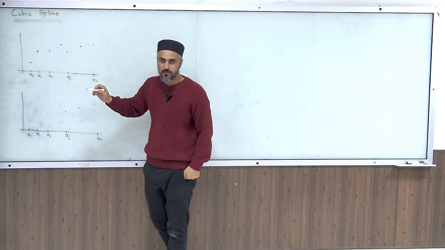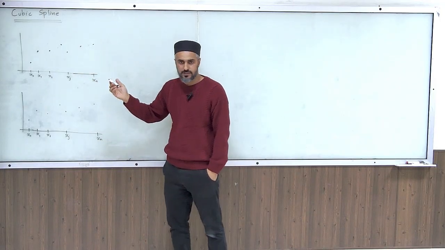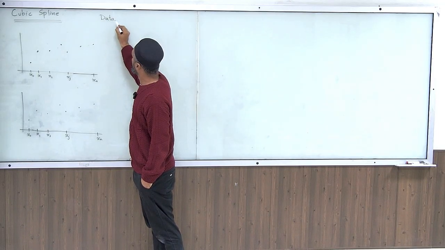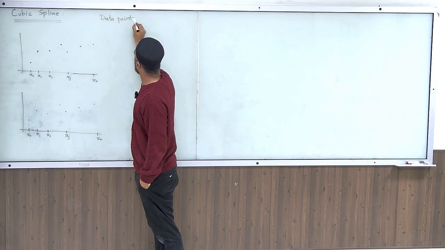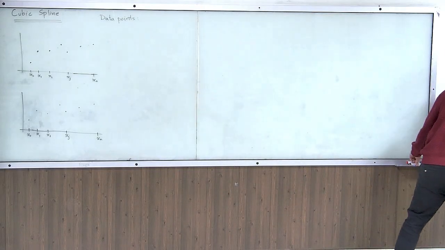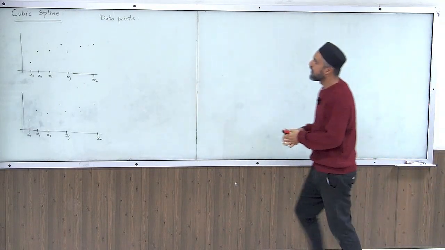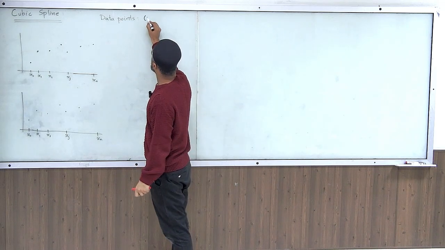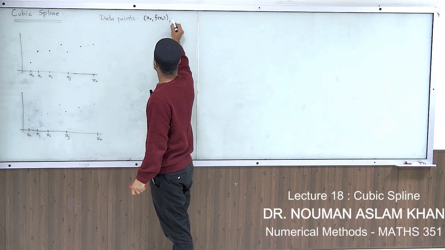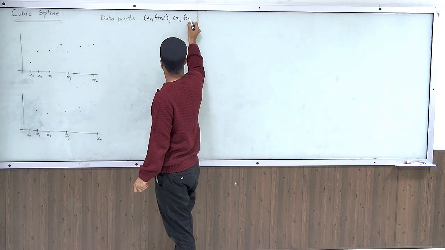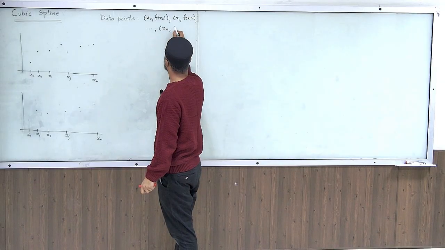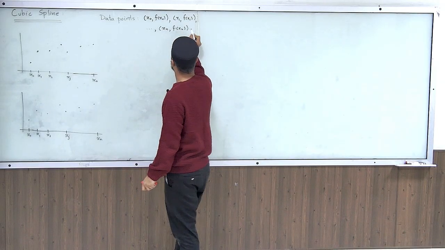Generally speaking, we have data points x0, f of x0, x1, f of x1, and if we continue, xn, f of xn.